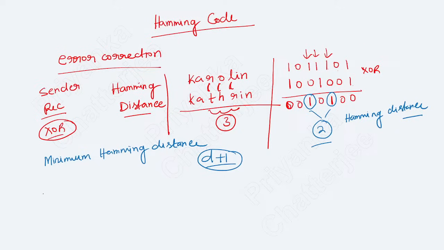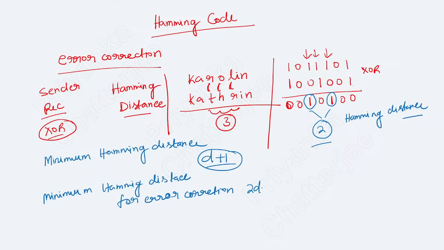And the minimum Hamming distance for error correction is 2D plus 1. Okay, this is the first thing.